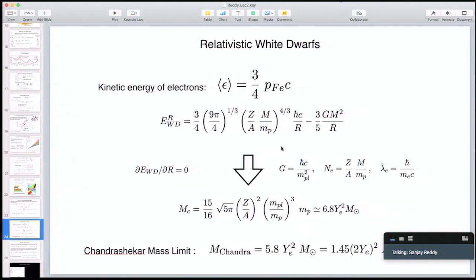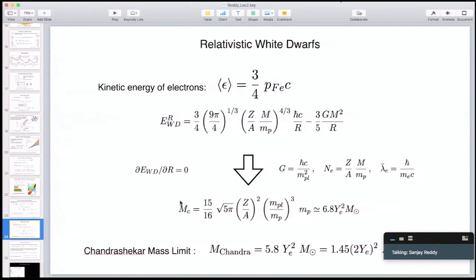When you do this, you find a result that has been surprising since the 1920s, which says that the mass of a fully relativistic white dwarf is independent of its radius. What this really means is that when you change the radius of the object, the mass doesn't change, and that is a sign of an instability.